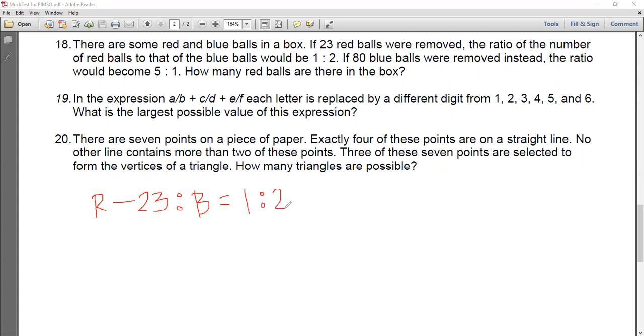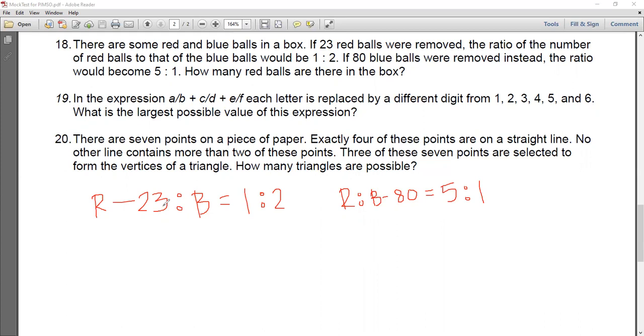On the second condition, if 80 blue balls are removed, so red is 2. If you remove 80 blue balls from blue, the ratio will become 5:1. How many red balls are there in the box?